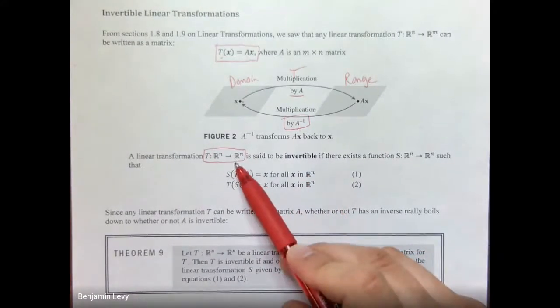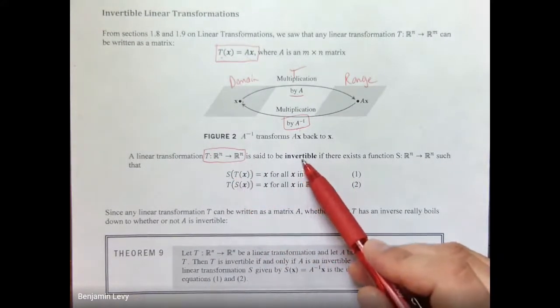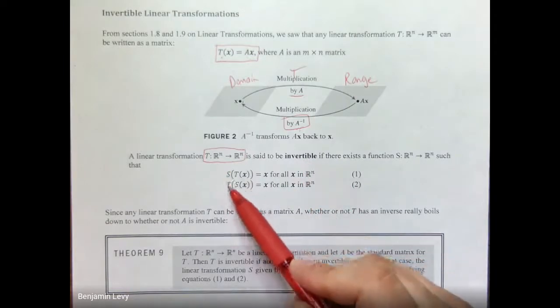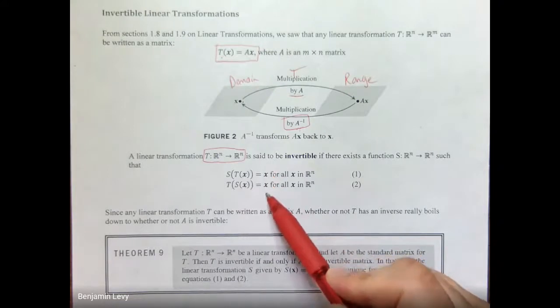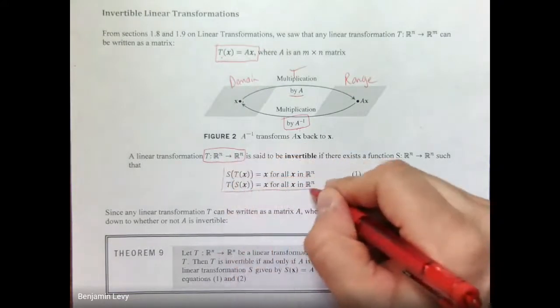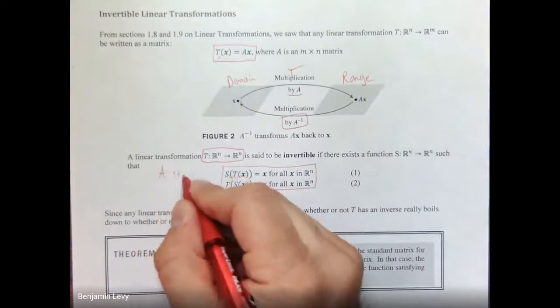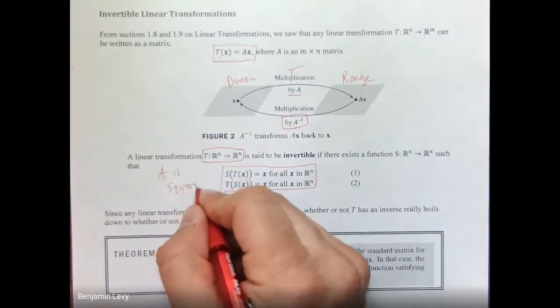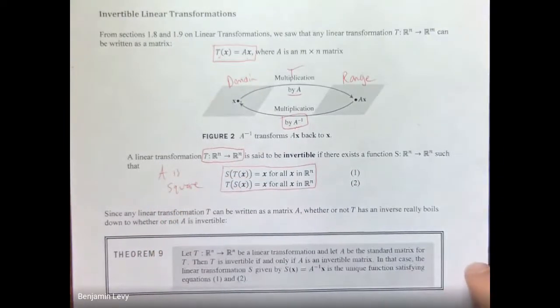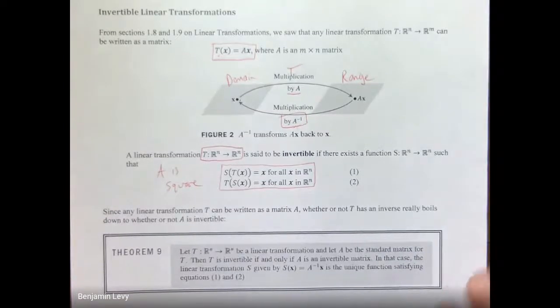So if we have something from Rn to Rn, it's invertible if and only if there's some function that undoes the transformation and sends things back to x. That's what this one says. And again, A is a square matrix in this case because only square matrices have inverses, which means that only square linear transformations represented by square matrices will have an inverse.